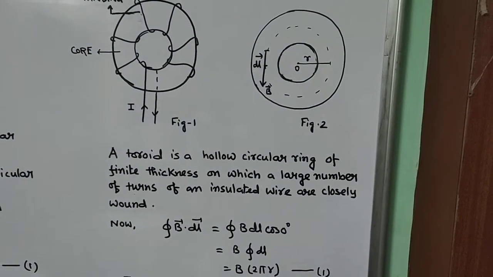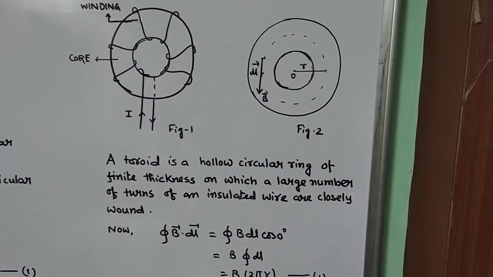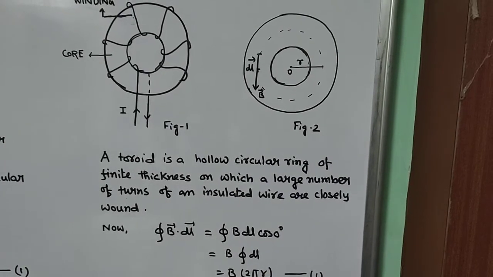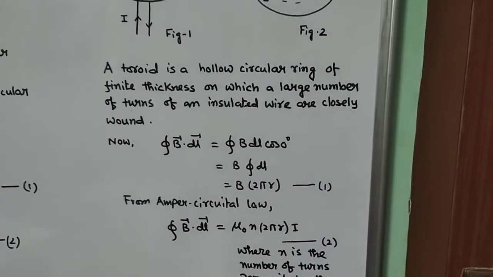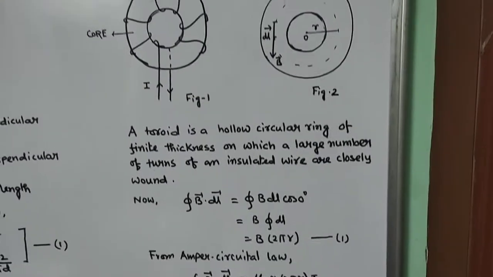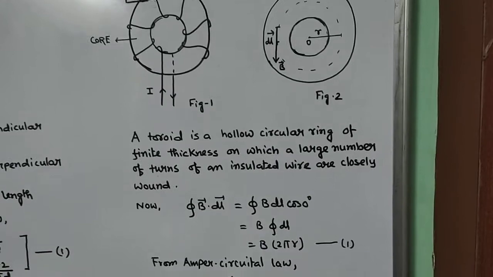So the circle of radius r encloses lots of windings, and if small n is the number of turns per unit length, then the length of the circle of radius r is 2 pi r.